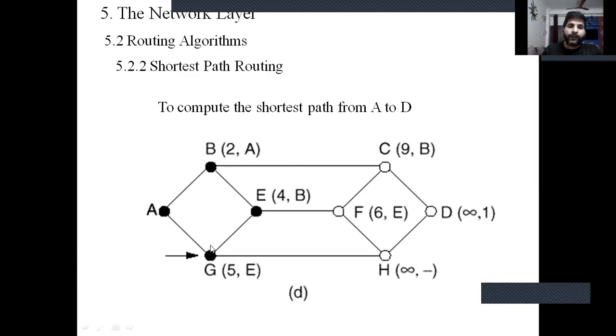Now this node is optimized from this path. So we select this path and remove the 6.